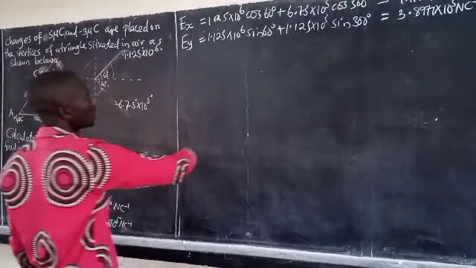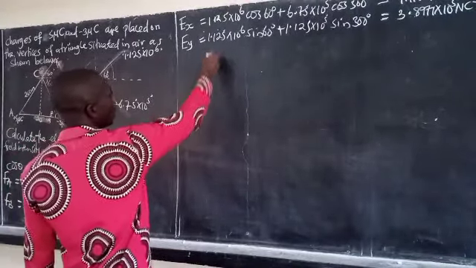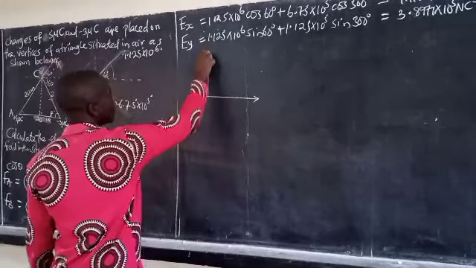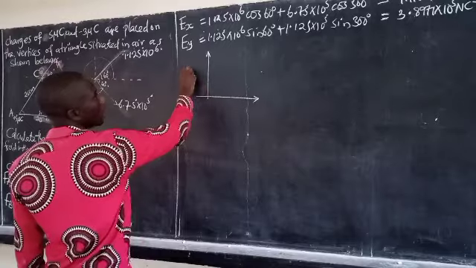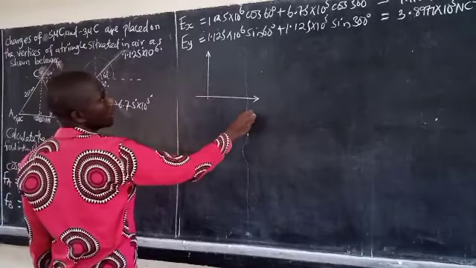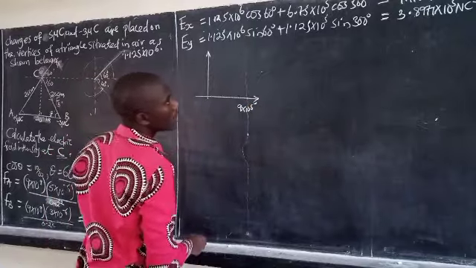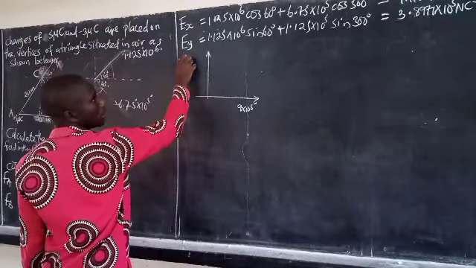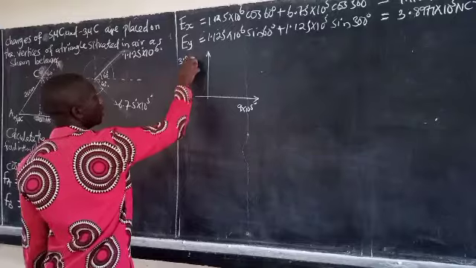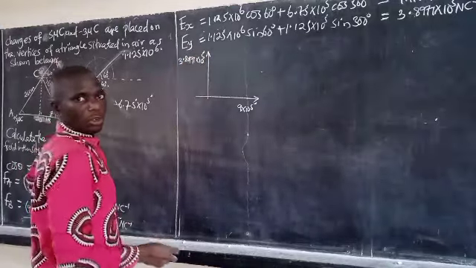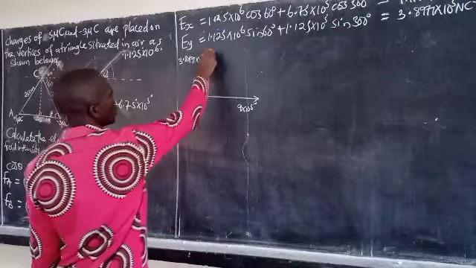Now we can represent them. They are both positive, so the horizontal is 9 exponent 5, and this is 3.8971 exponent 5.